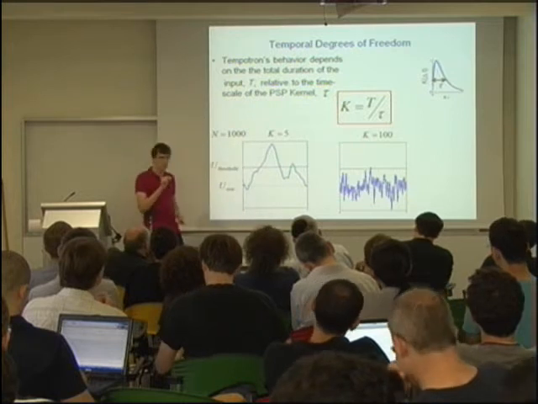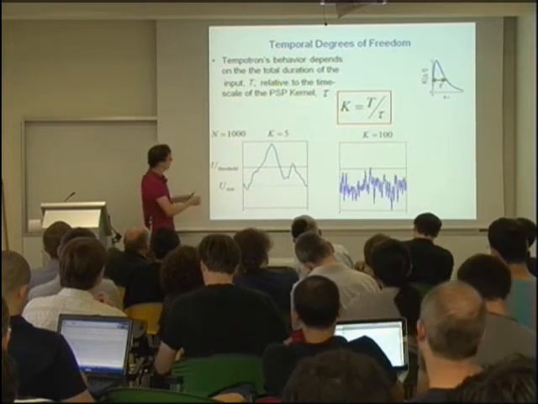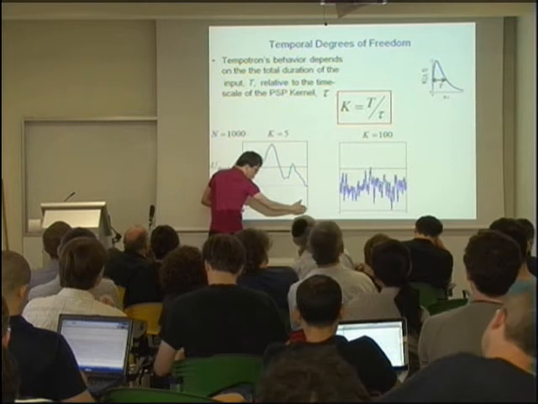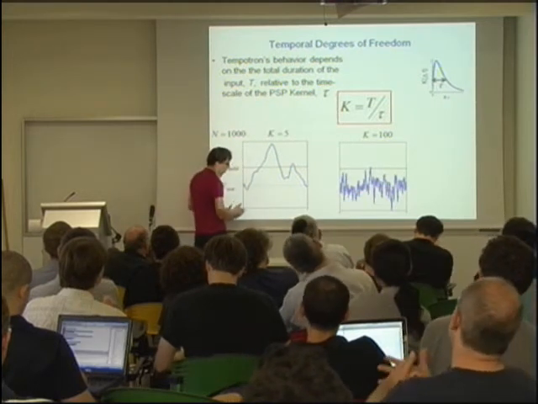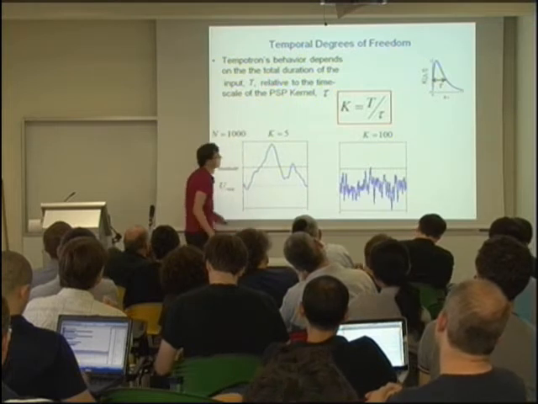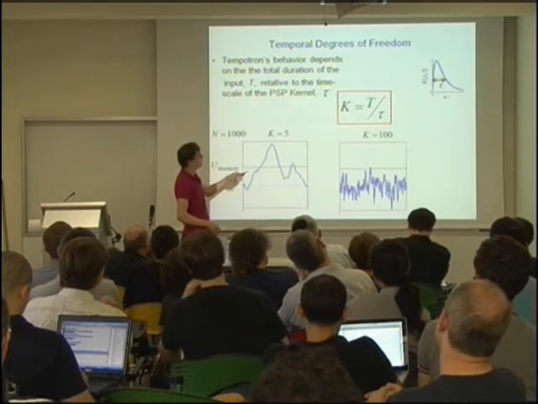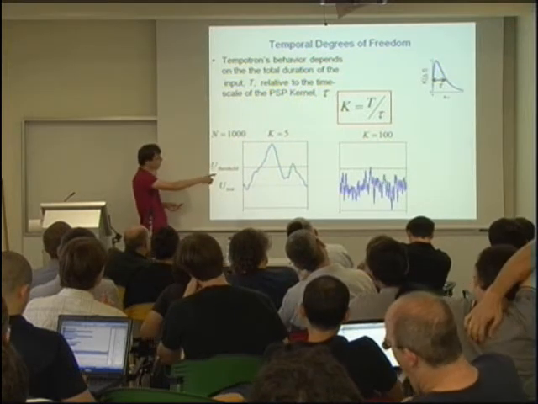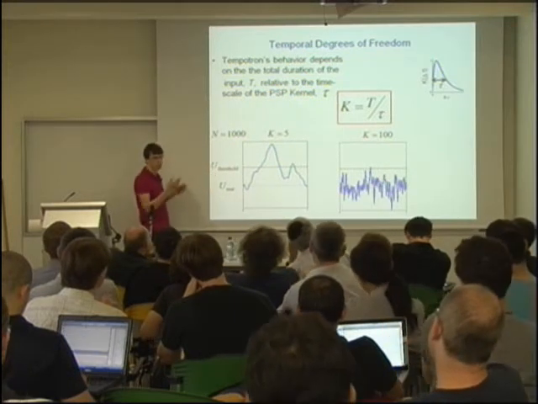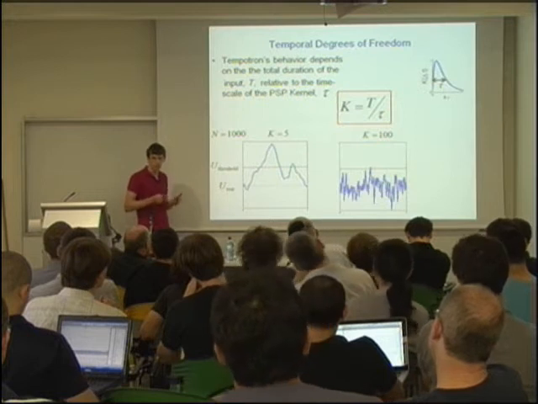Not the time constant itself, but its ratio to the overall presentation time of the pattern. So if the pattern is presented from time 0 to t, then we define some parameter k, which is t over tau. Okay, and I give you here 2 examples to show you that the behavior of the temperaton is very, very different in different regimes of k.